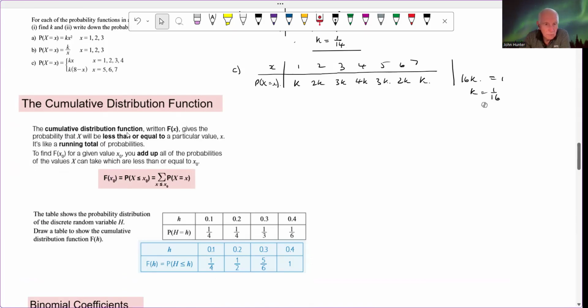The cumulative distribution function gives the probability that x will be less than or equal to a particular value. It's like a running total of probabilities. That's exactly what it is.